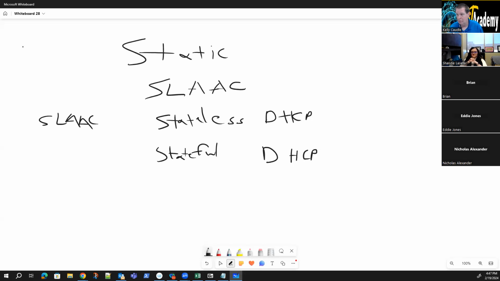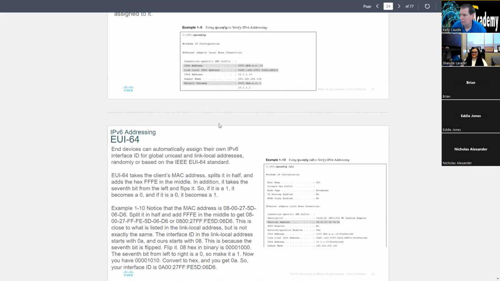It has information in the neighbor discovery other flag, which says go find this stateless DHCP. And then with stateful, I send out SLAAC, and the router will say, I'd love to help you, but you need to go to this stateful DHCP server and get your information. So that's the three main automatic ways and the one static way we can get an IP address using IPv6.